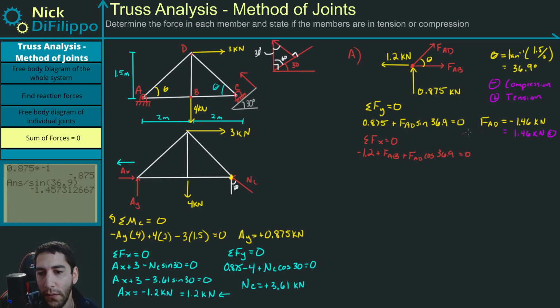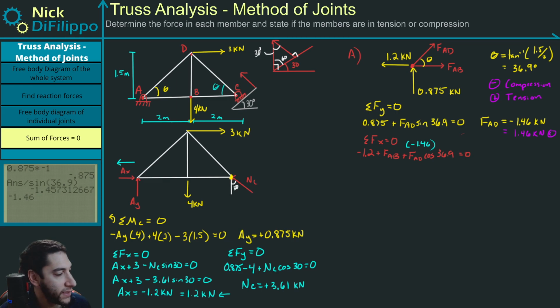Okay, well, I do know FAD, it's minus 1.46. It's very important to keep the minus sign when you're plugging it back into the equation because this free body diagram is drawn with it incorporating the minus sign. So this FAD right here will be minus 1.46, and I can solve for what FAB is.